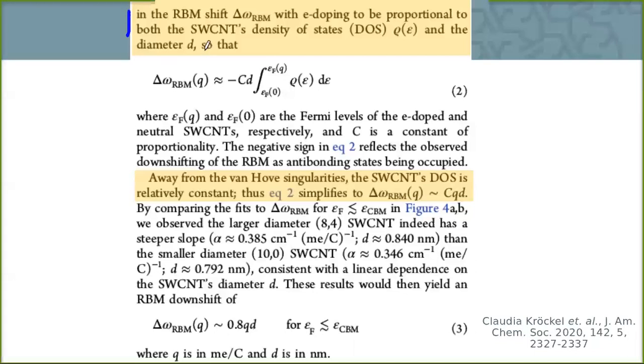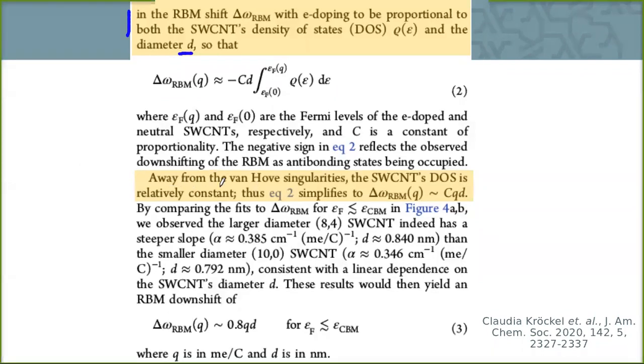And that, of course, is related to the diameter, because each different carbon nanotube has a different density of states. So that makes absolute sense. Now it sounds very easy, but it took us quite long to understand that. But at this point, we got it.